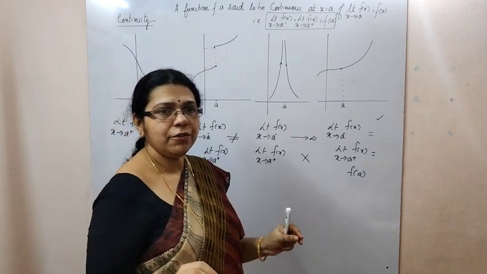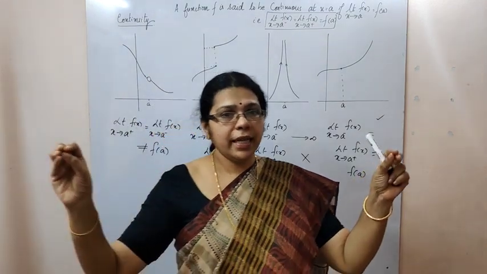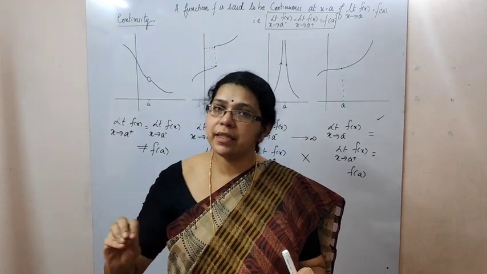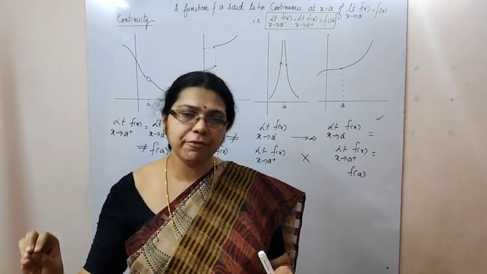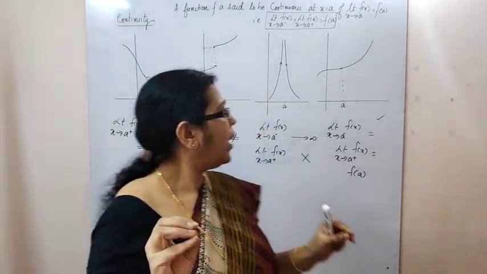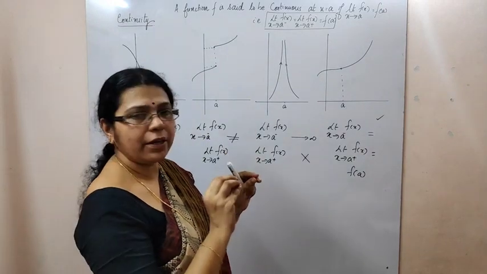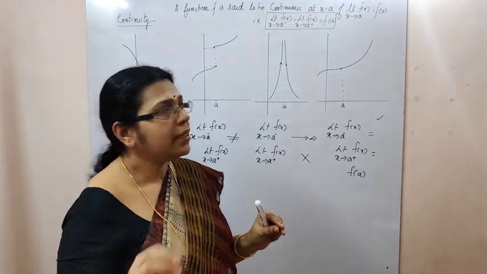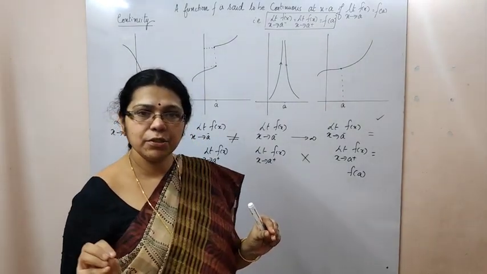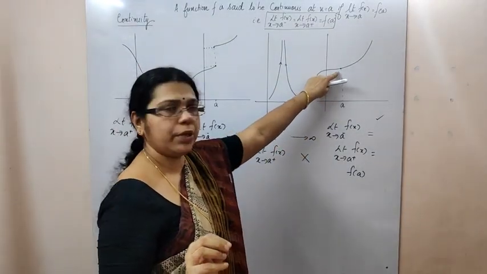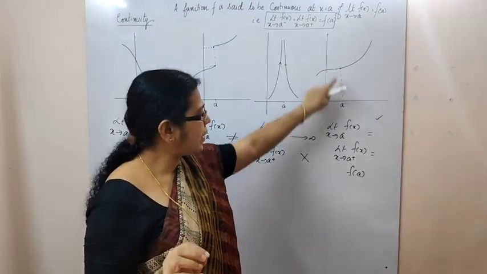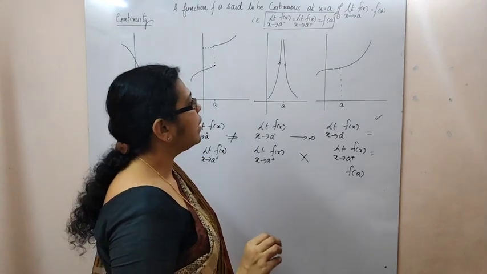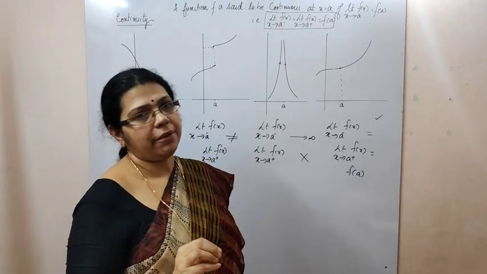In the function f of x, as the value of x tends to a, the functional value is tending to where? A common point. Right? That is same as our f of a. Am I clear? So this is continuity in the graph.